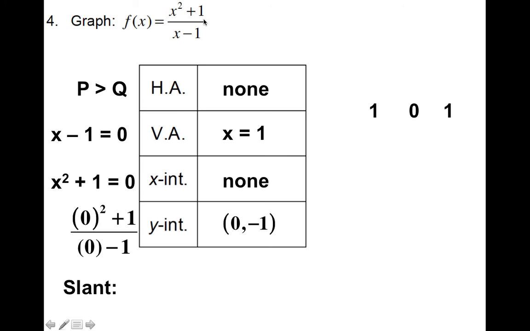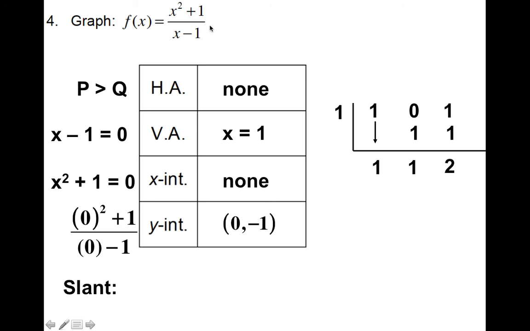And we're going to synthetically divide that by +1. Remember synthetic division, you drop the first number, then we multiply, and then we add. So 0 plus 1 is 1. 1 times 1 is 1. 1 plus 1 is 2.